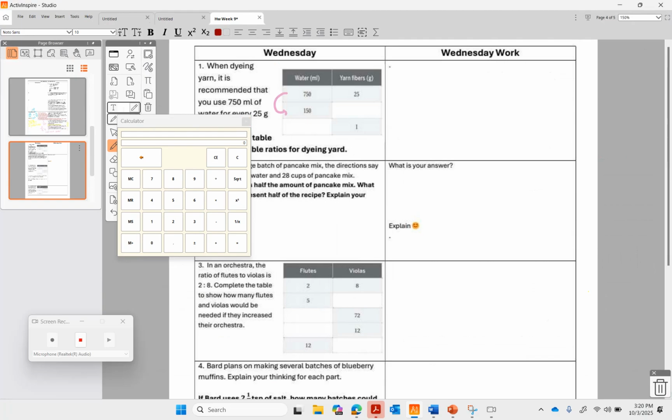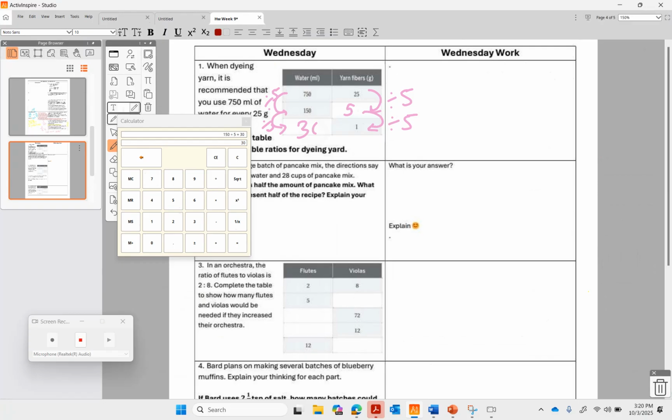So I'm going to divide 750 divided by 150, I'm dividing by 5. So 25 divided by 5 is 5. Oh, by the way, 5 divided by 5 gives me 1. So I'm going to keep dividing by 5. So 150 divided by 5 is 30.